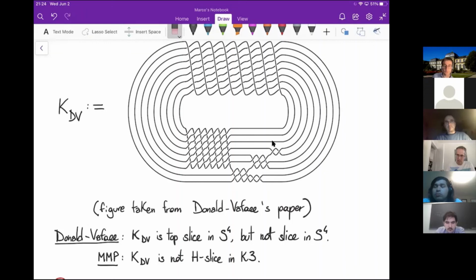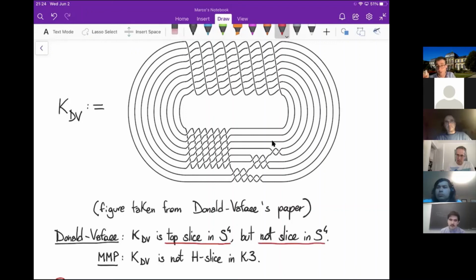But somehow the two knots are qualitatively different, because in the case of K_DV, the dichotomy between the topological category and the smooth category actually comes from S4, because K_DV is already topologically slice in S4, but not slice in S4.